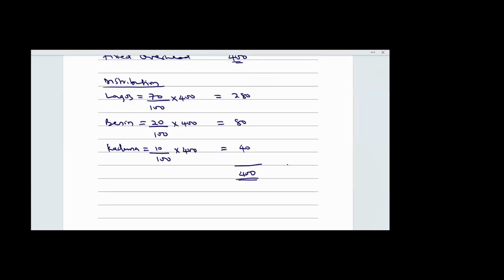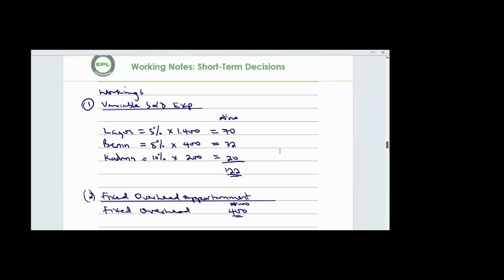That's the total factory fixed overhead. That's it. So let's go and consider that. The essence of considering the fixed overhead is because we want to determine profit.